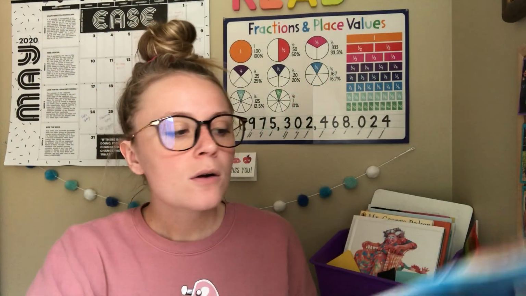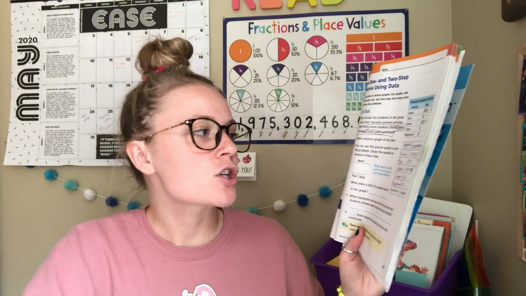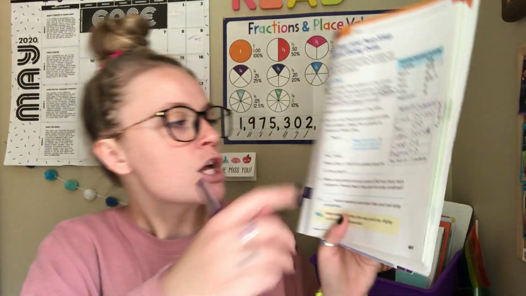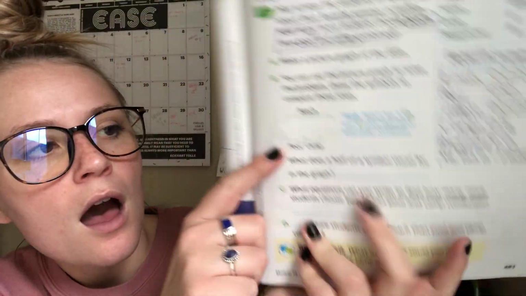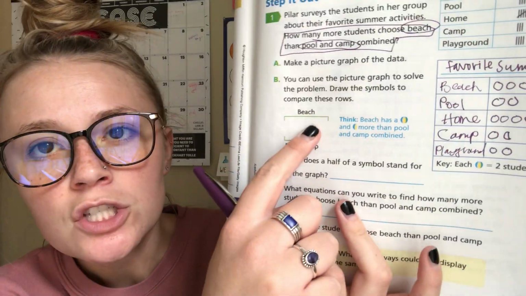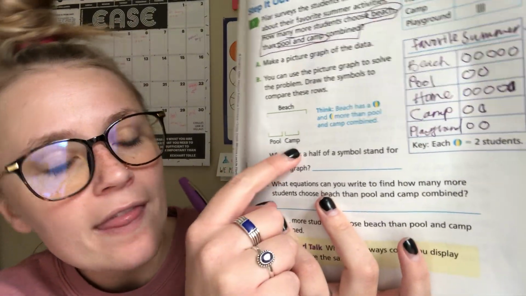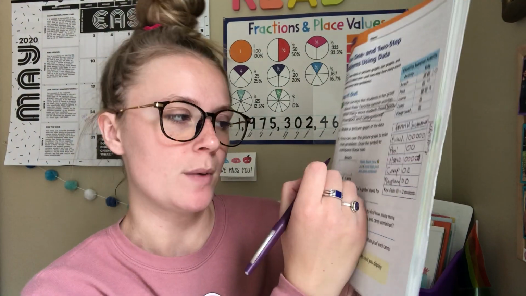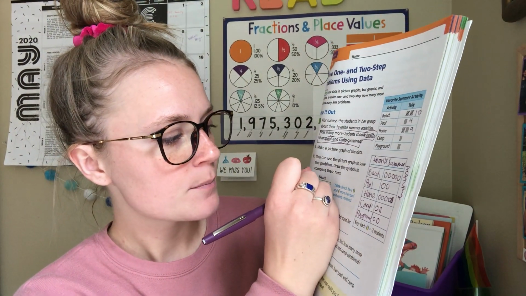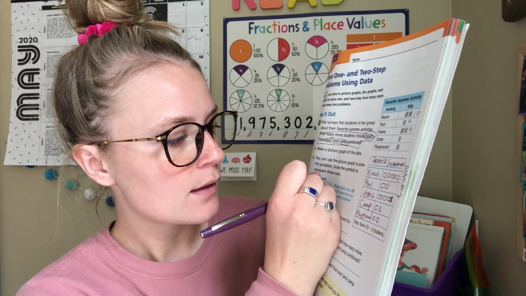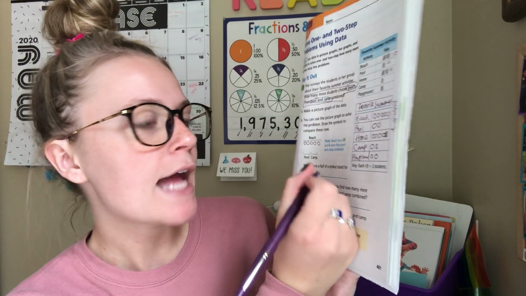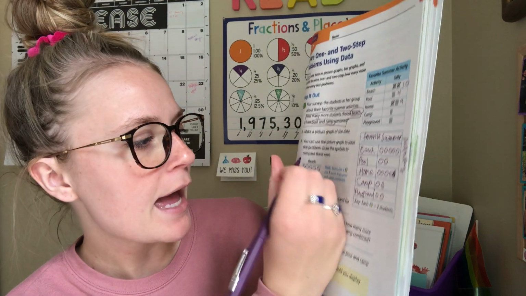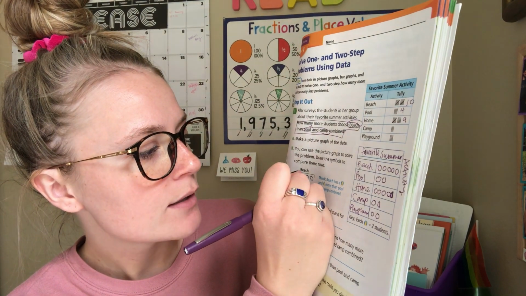Okay, so now part B says you can use the picture graph to solve the problem. Draw the symbols to compare these rows. So here we have the beach, the pool, and the camp. So the beach had 5 beach balls, so we'll draw 5. The pool had 2, and camp had 1.5.